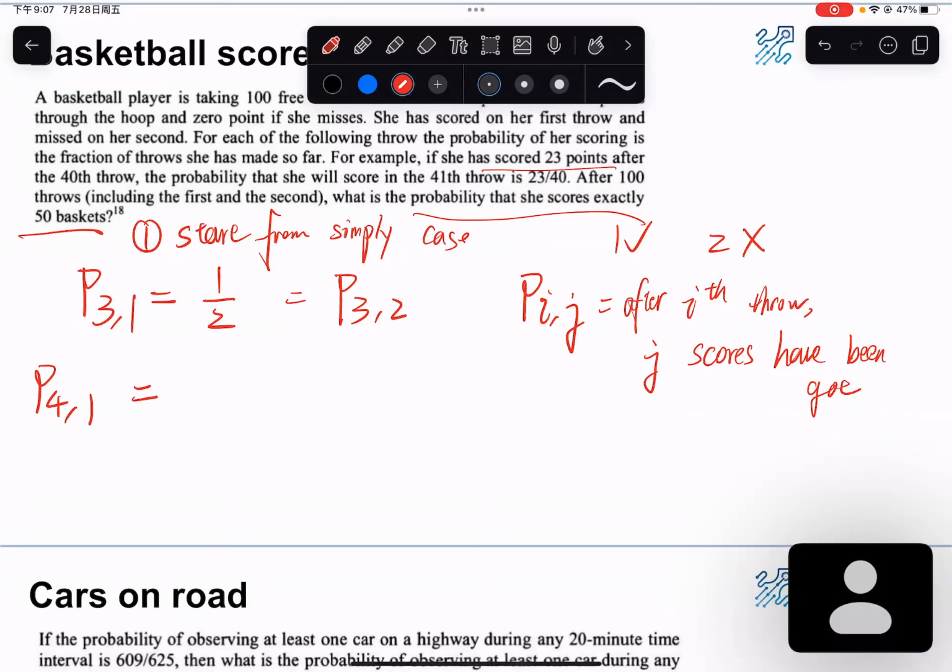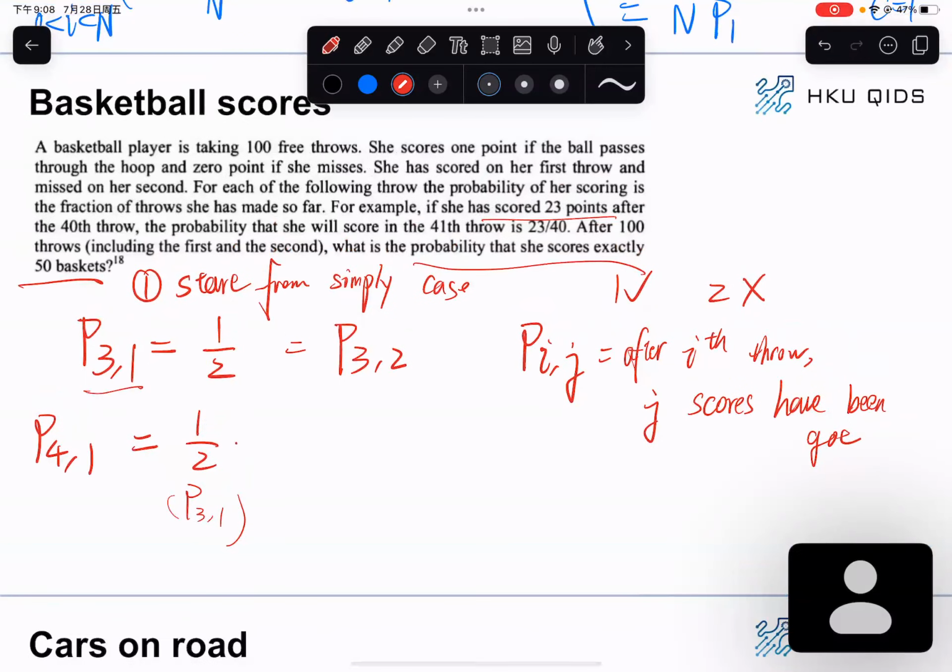Probability P4/1 is going to be, so we need to miss both. So it is 1/2. On the third play, we need to have a P3/1 first. And then if we already have a P3/1, we need to keep missing it. So in this condition, the probability of winning is just 1/3, right?